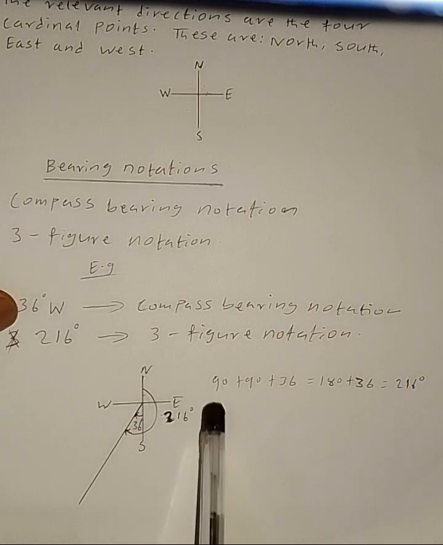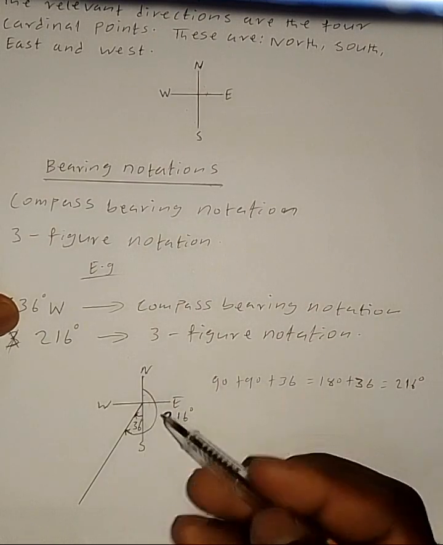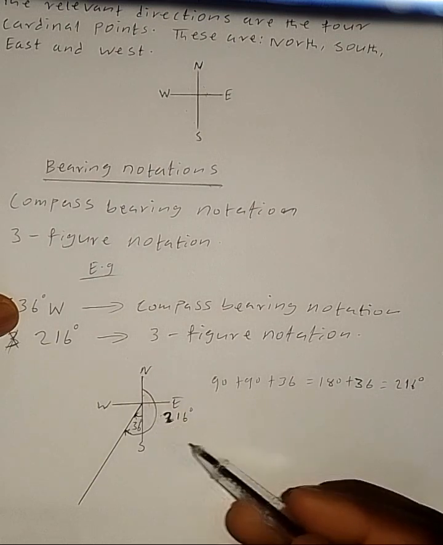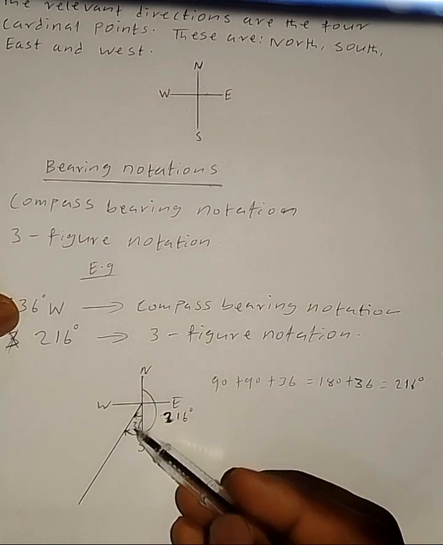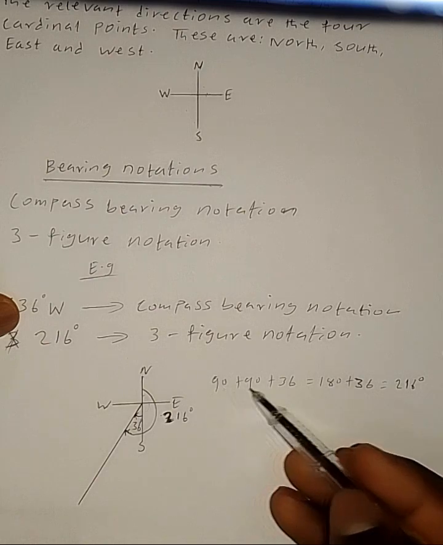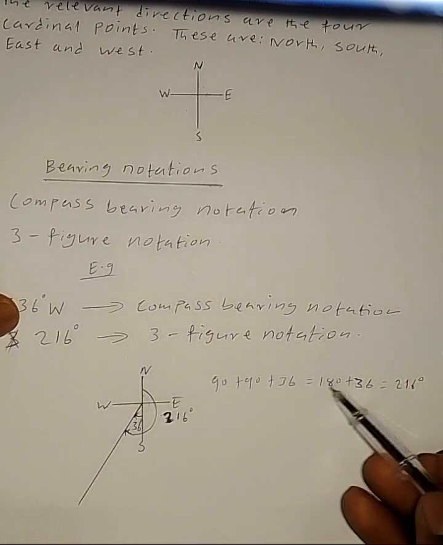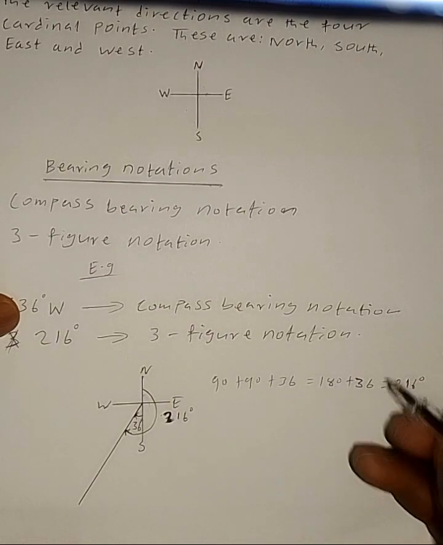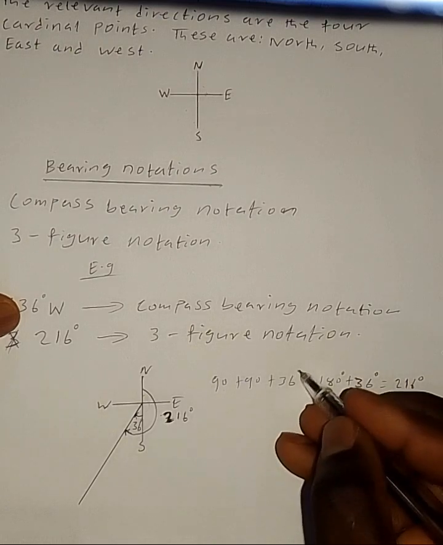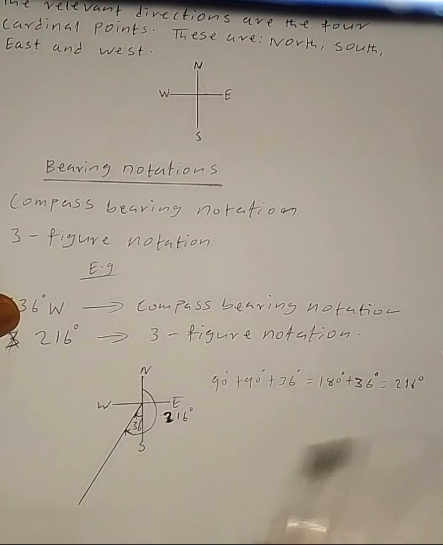I met 90 degrees plus 90 degrees plus this 36 degrees, and 90 degrees plus 90 degrees is 180 degrees plus 36 degrees, which will give us 216 degrees.